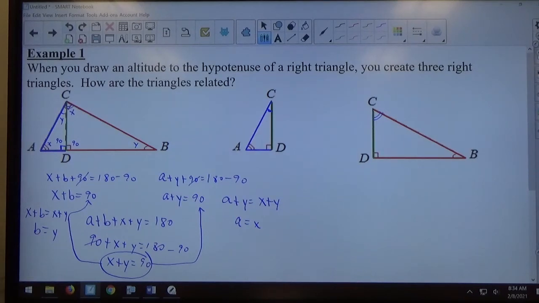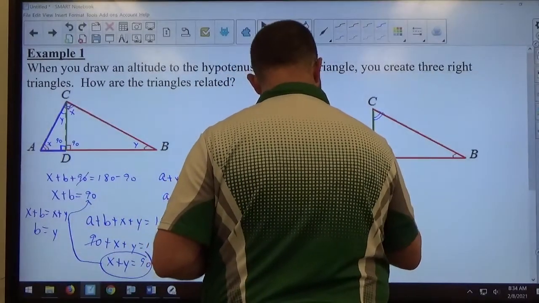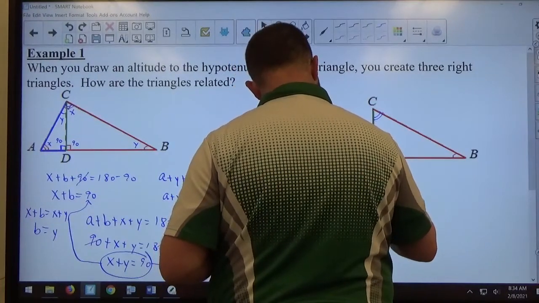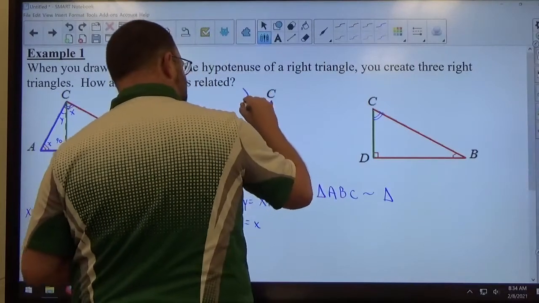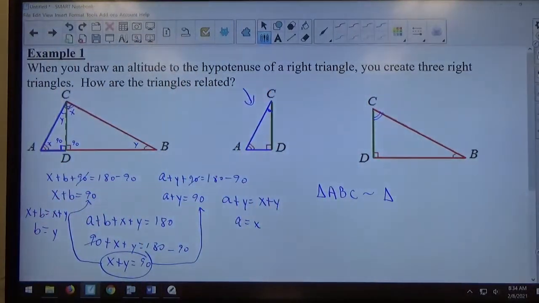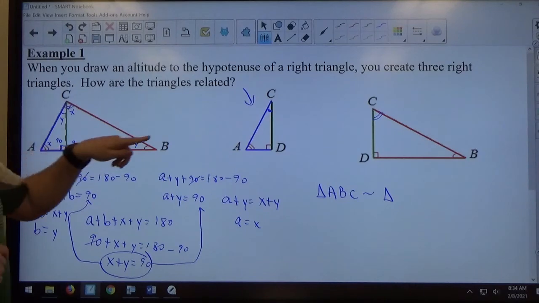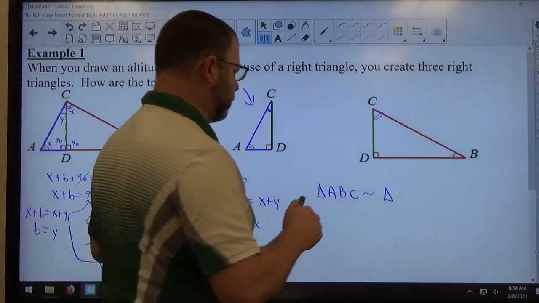Okay, if I was to write down the statement of similarity, if I start with triangle ABC, the main triangle, when I name this triangle here, I need to name them in the order of congruence, right? So if I went A, B, C, 2 marks to 1 mark to right angle, 2 marks to 1 mark to right angle is going to be ACD for this one.